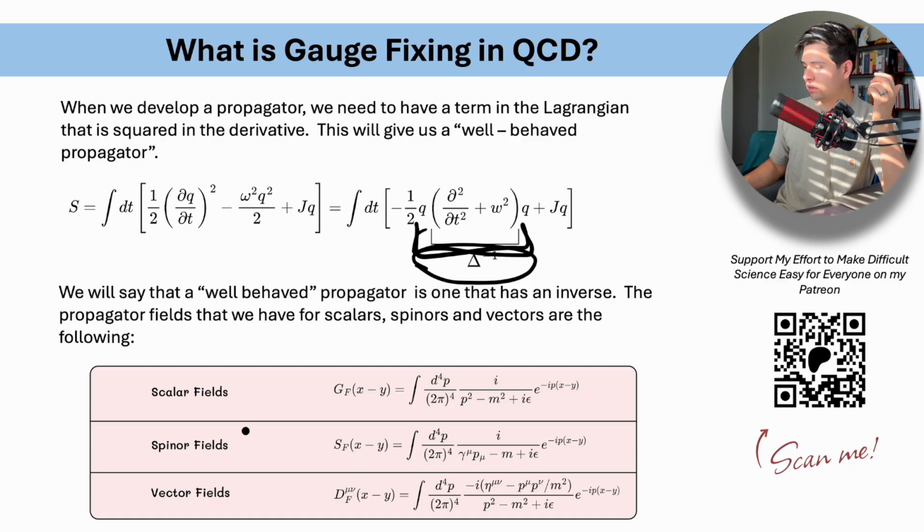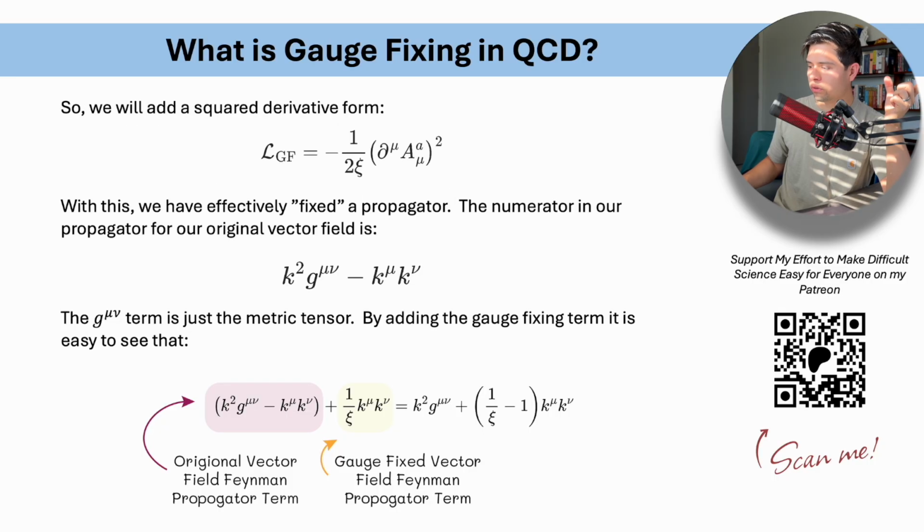We can effectively ignore the denominator because when we calculate these propagators, you can go to my video on QFT, these denominators are sort of given to us already, regardless of what our actual Lagrangian looks like, okay? So we have this term, that's the term that we see in the propagator, and then this is the gauge fixed term, okay?